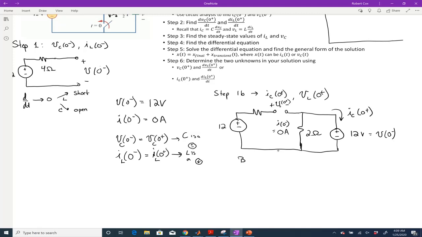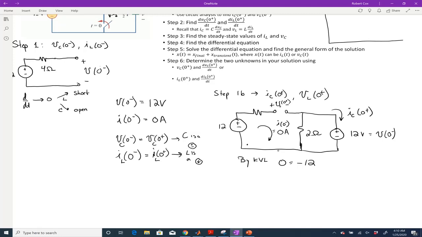So by KVL, I'm going to do KVL around this loop here, right? I start here in this corner and I go around. So 0 equals negative 12 plus, okay, I don't do anything across that resistor because there's no current flowing. I have an open circuit thanks to the inductor.